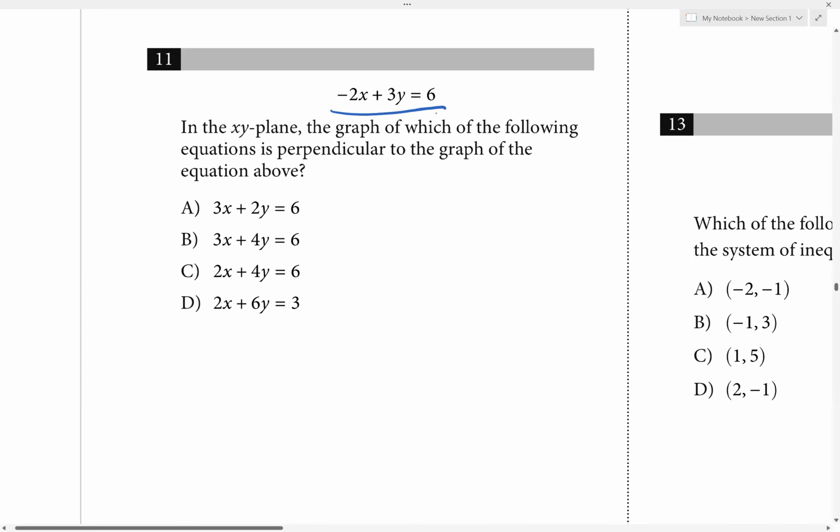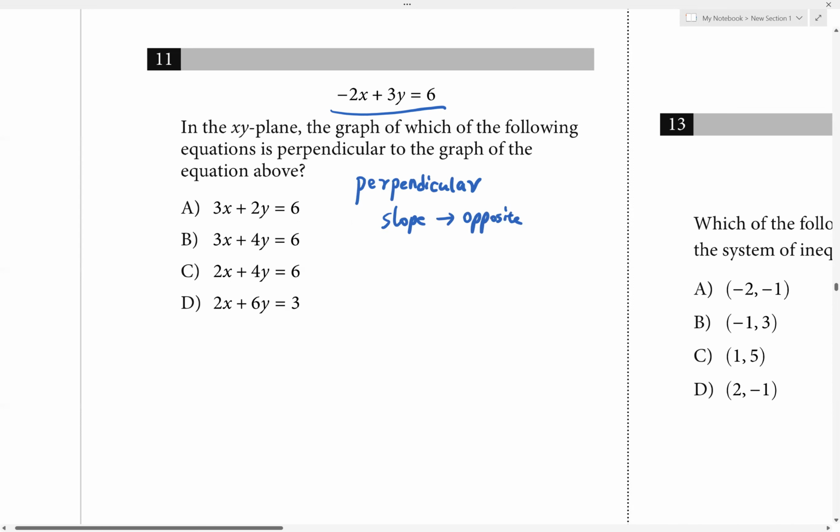So what we want to remember is that for perpendicular lines, they should have opposite reciprocal slopes. If two lines are perpendicular, their slopes should be opposite reciprocals.